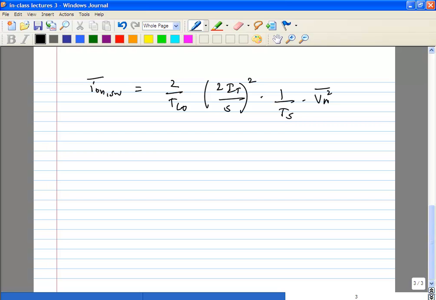So you do 2 by TLO integral 0 to TLO by 2 of some function, and you get something like this. Similar to what we did last class. We did this to find the average of the function, to find the average of the noise current. Remember that? So it's similar to that.